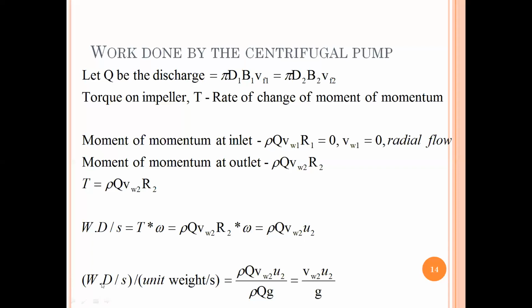And as usual, I'll be calculating the work done per second per unit weight per second. So rho Q VW2 U2 divided by rho QG. So I'll be getting the work done per second per unit weight per second as VW2 U2 divided by G. So this is my work done calculation.